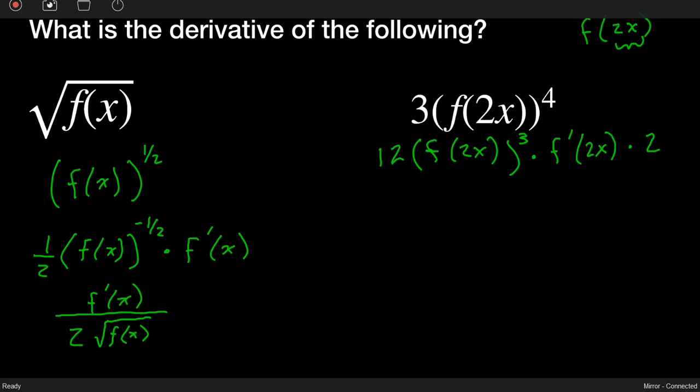Putting this all together, that's going to give us 24 f of 2x raised to the third power times f prime of 2x. That's taking our derivative in function notation.